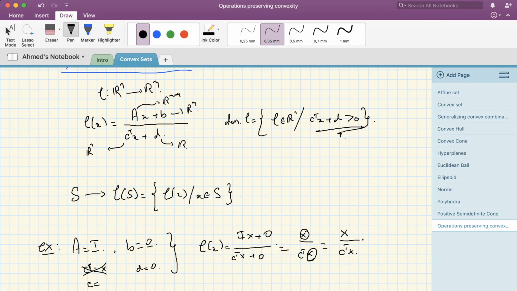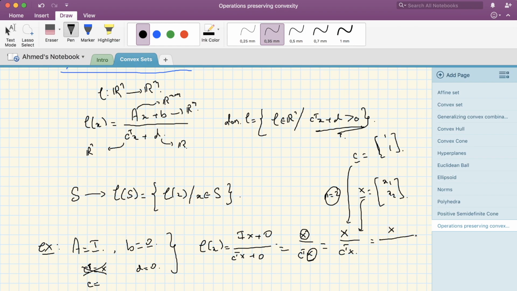Now here you could really do a lot of examples. Like if you're working in n equal to 2, so X is of size 2, then if your C is chosen to be, I don't know, 1, 1, let's say, then given this X, you could write it as follows. So X in the numerator, there's nothing you can do about it.